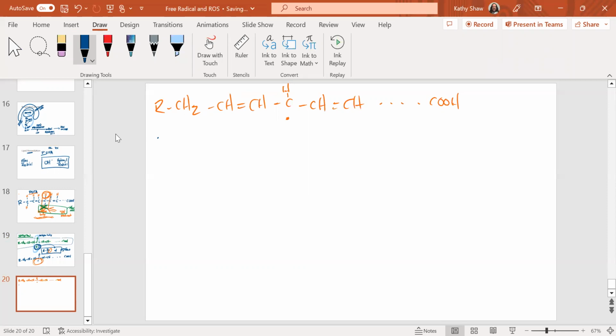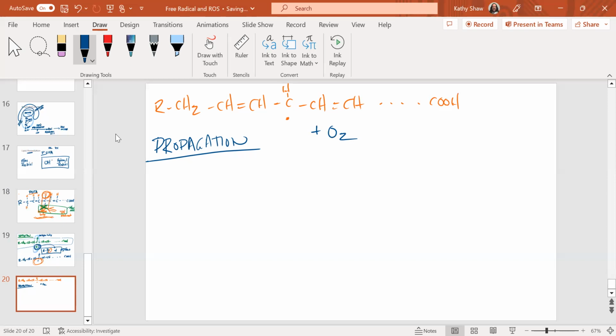So now our next step is propagation. So this is where we kind of do the same thing over type of thing. So we've got that lipid free radical that we have drawn above, and we're going to add an oxygen to it. So what that's going to do now, the oxygen's going to attack at the methylene bridge.